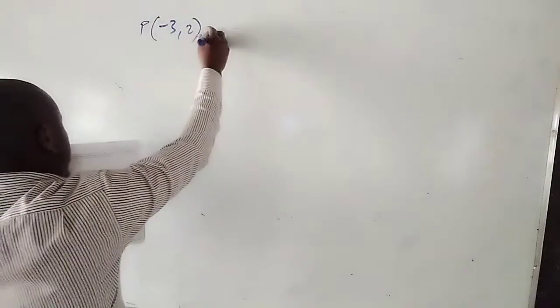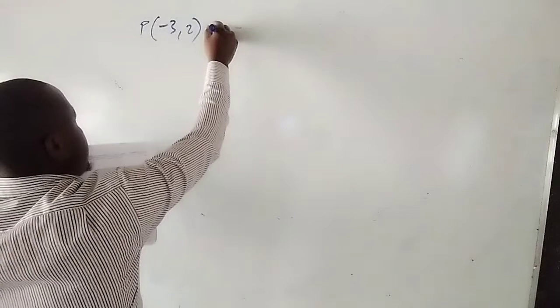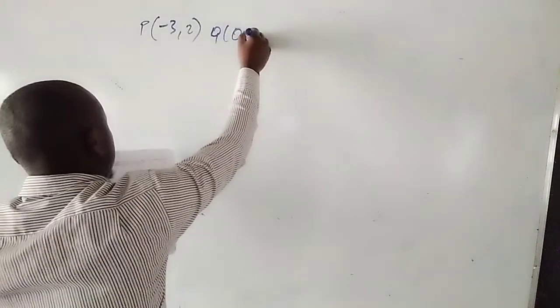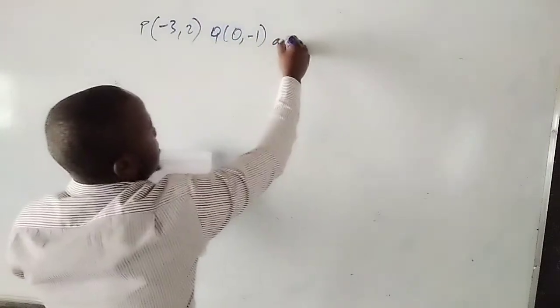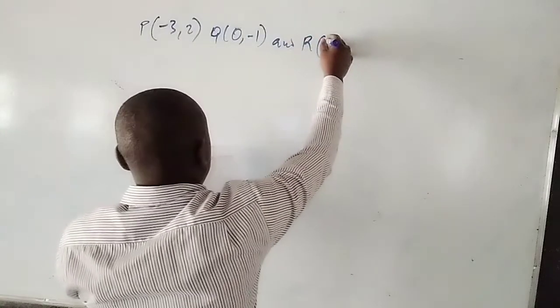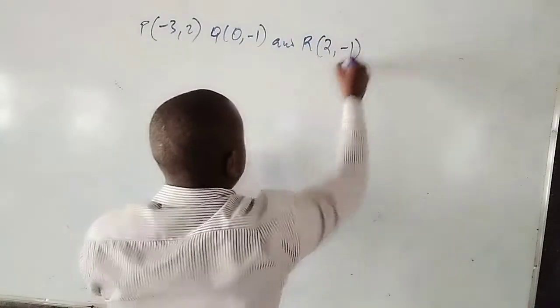Number 14. The vertices of a triangle PQR are P, negative 3, 2; Q, 0, negative 1; and R, 2, negative 1.